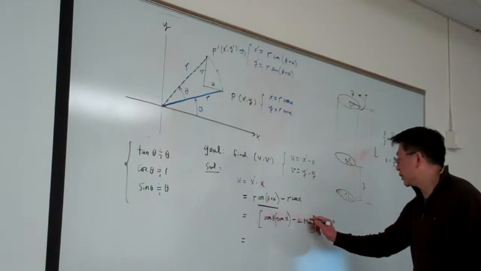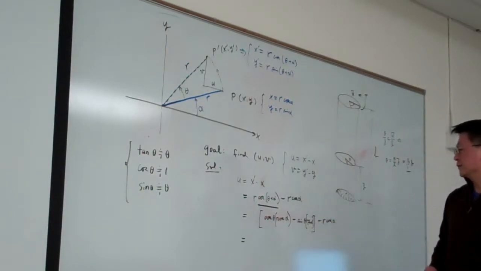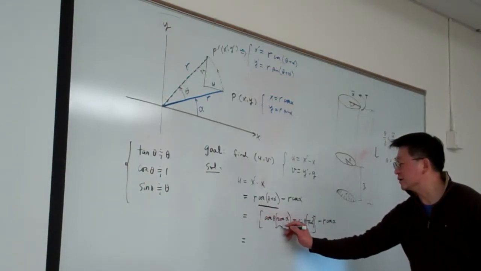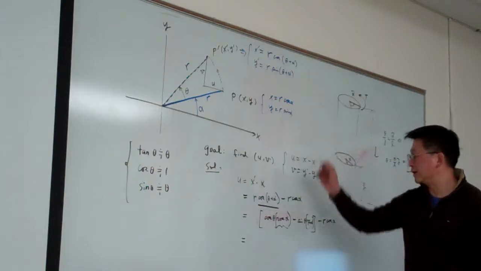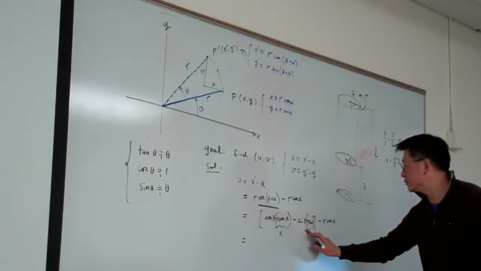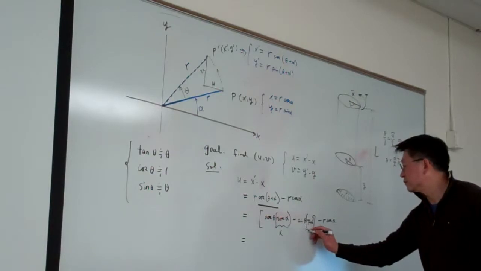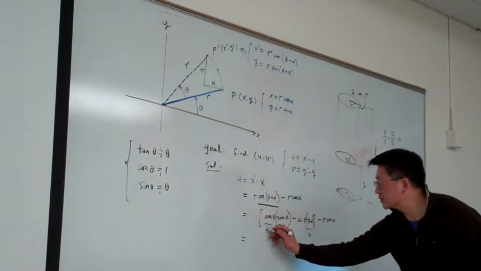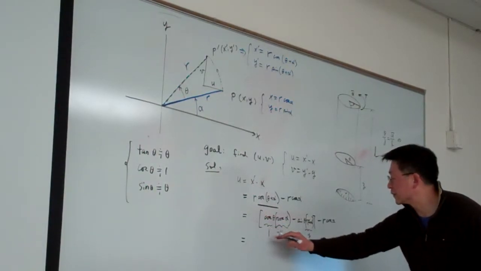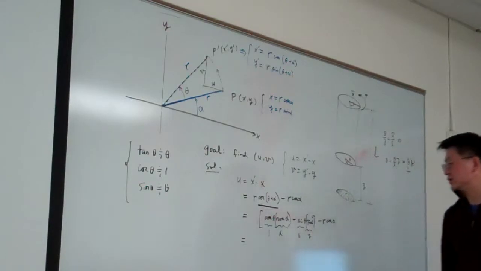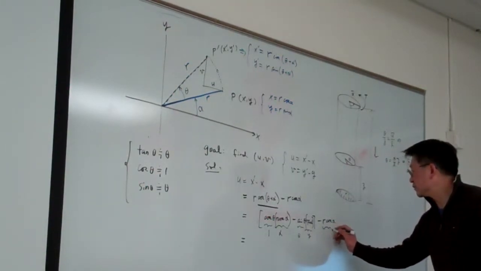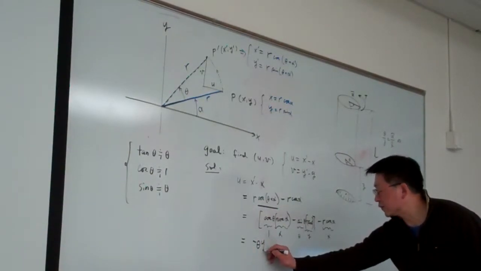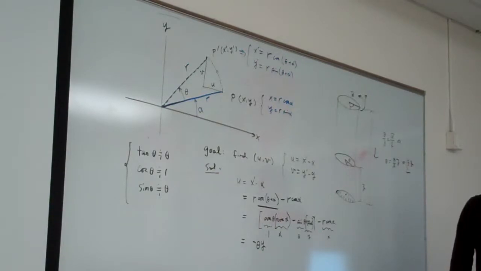So I simply distribute R into these terms, and this term basically is our X. This term is our Y. And this one, cosine theta, is approximately equal to 1. And sine theta basically is approximately equal to theta. And this term is X. So from here you can see that U is simply equal to minus theta times Y. Good?